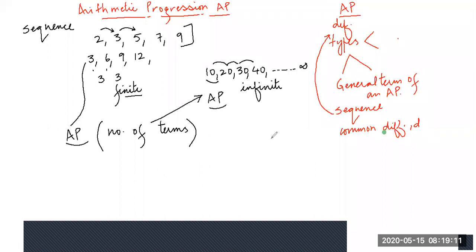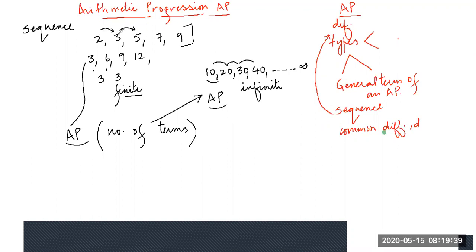Right. So once again, to summarize, what's the difference between sequence and AP? If I just write any numbers, maybe finite or infinite, that's a sequence. But if all the numbers have a particular relationship between them, especially a fixed number, you add that fixed number to the first, you get the second.